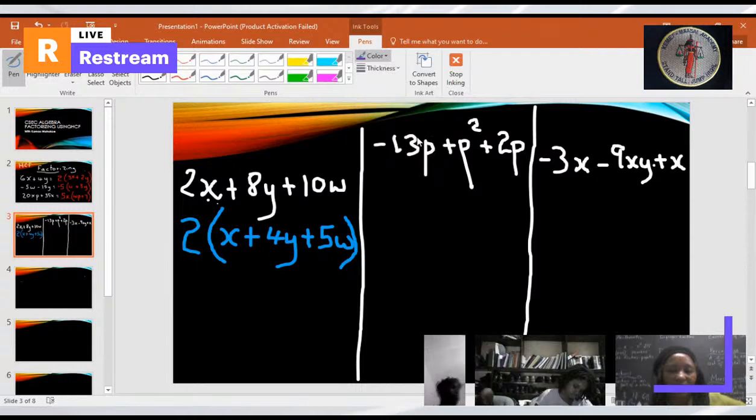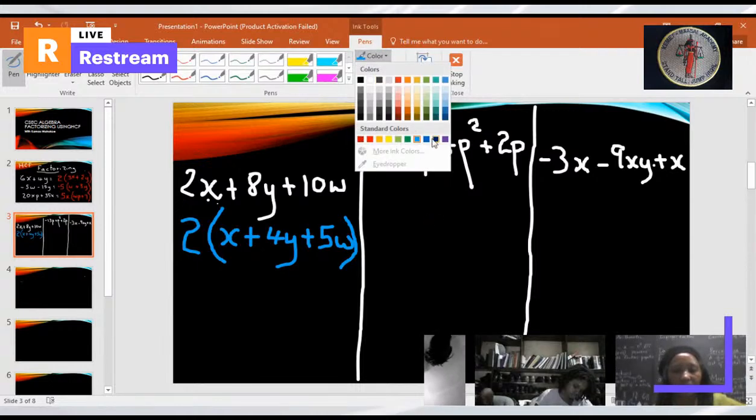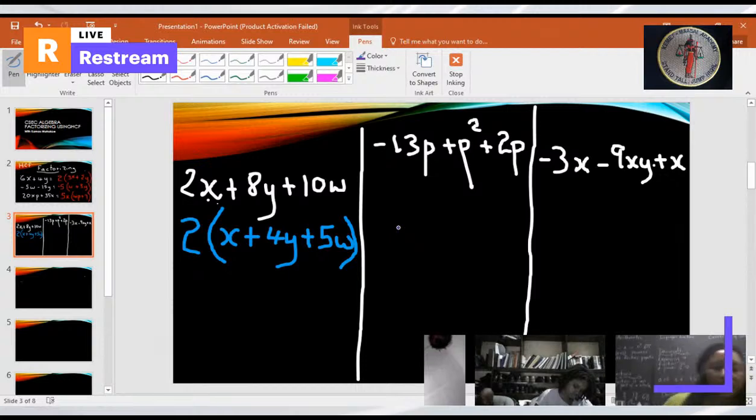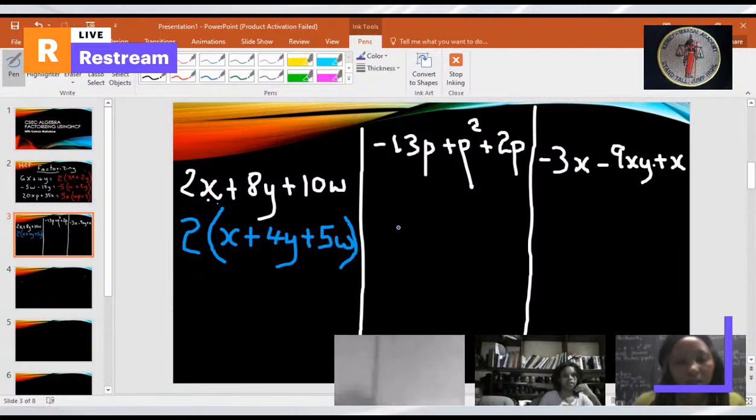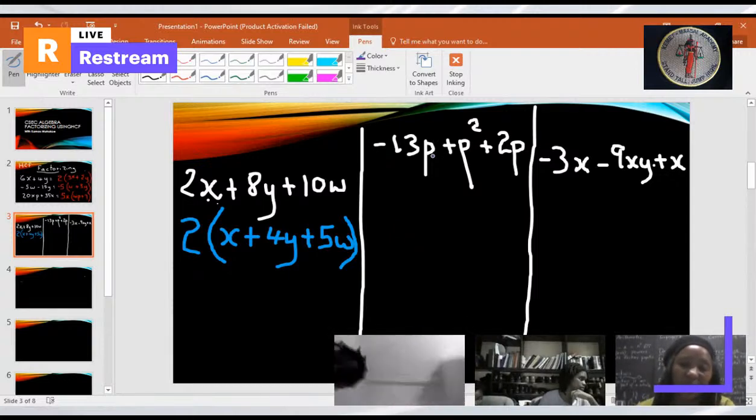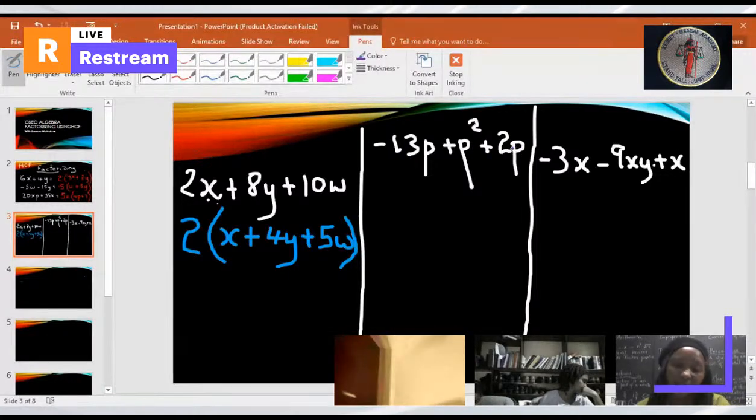Because what did I notice there? I noticed that we have a negative 13p and a 2p. So we have like terms here, right? All right, so yes, simplify that for me first.